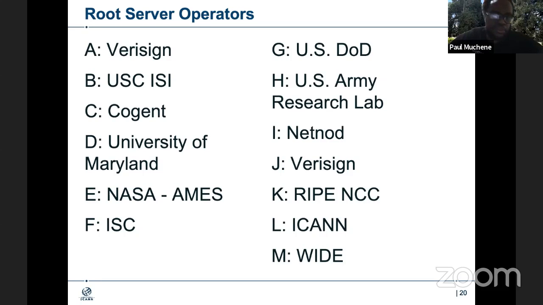Up to 1995, most of the institutions managing the internet were based in the US, a few in Europe, and Japan came in a bit later. That's why it is skewed towards the US and US institutions primarily.